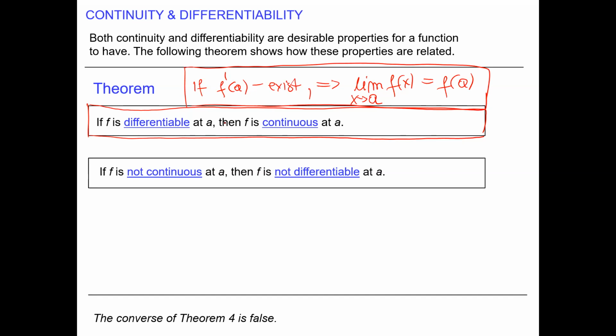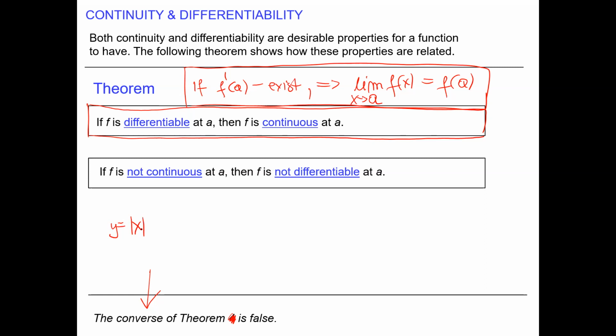Also, we can say if f is not continuous at A, then it's not differentiable. That's just a different way of saying this. However, we have to be careful. The converse of this theorem is actually false. We can interchange and say if a function is continuous, then it's differentiable. That's not true, and absolute value of x is our good example.